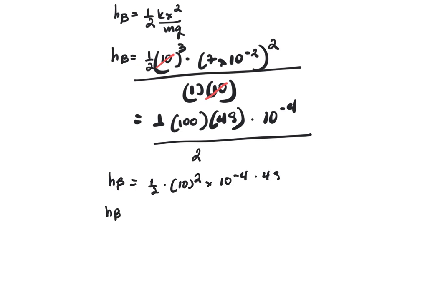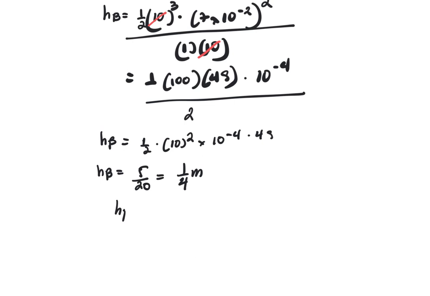H B equals 1 half and so on. Just to speed up this process, once you do all of this, you end up with 5 over 20, which comes out to 1 over 4 meters. So our height at B is 0.25 meters, and that is the answer.